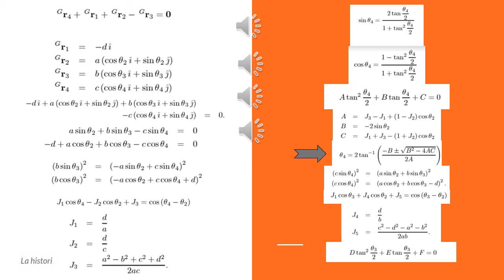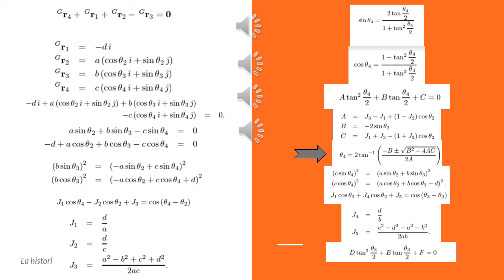After adding the equations and simplifying, we derive the following equation, J1 cos angle 4 and so on, where G1 has a correlation that we can see, and this is called the Freudenstein equation.